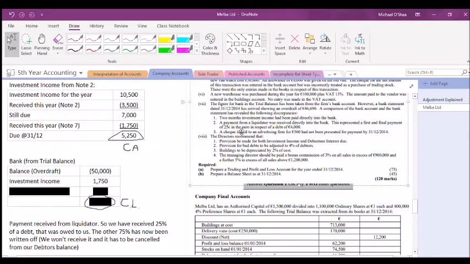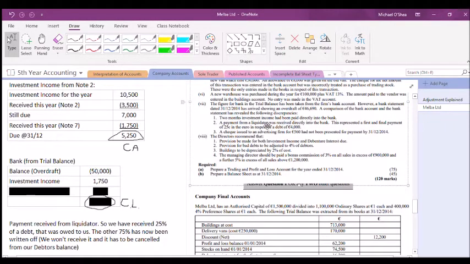The second part of this is a payment from a liquidator was received directly into the bank. This represents a first and final payment of 25 cents in the euro in respect of a debt of 4,000. What does this mean? So a payment from a liquidator received into the bank. We have received money from a debtor, and this debtor is somebody that was previously written off, I suppose, as a bad debt.